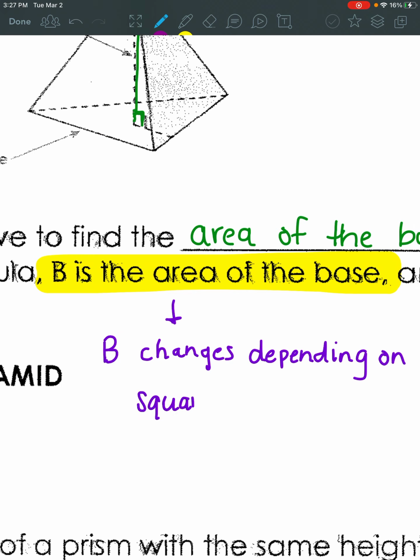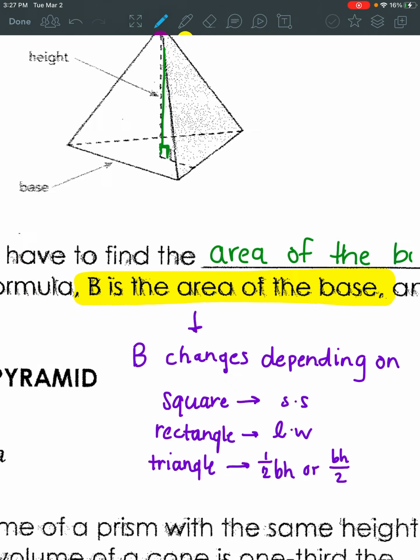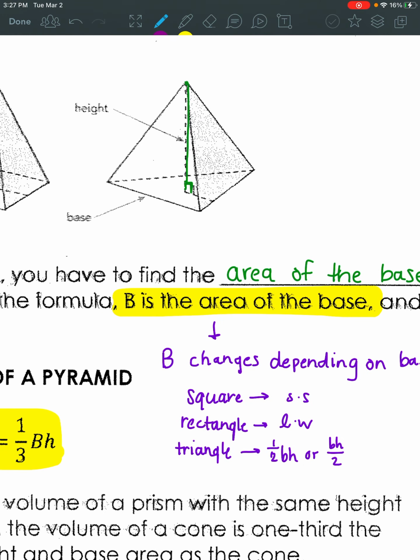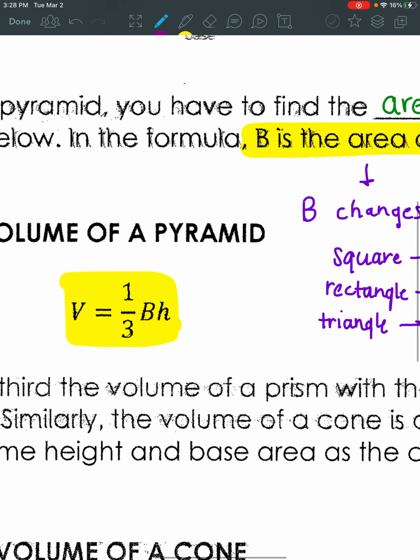If it is a square, we will use side times side. If it's a rectangle, we will do length times width. And if it is a triangle, you can either do 1/2 times base times height, or base times height divided by 2. I'm pretty much going to narrow it down to those three types of base shapes.